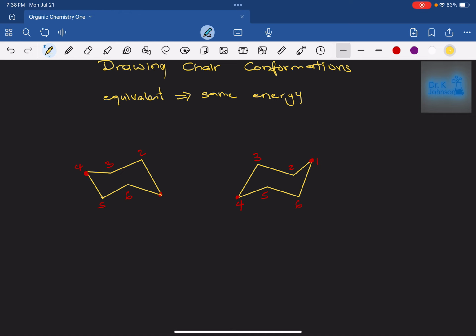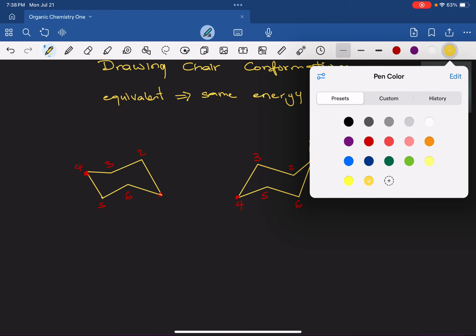So the axial bonds, they point straight up, right? Your axial bonds point straight up. So axial bonds, they point straight up and straight down. Here's another trick.